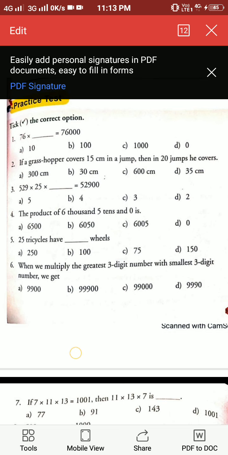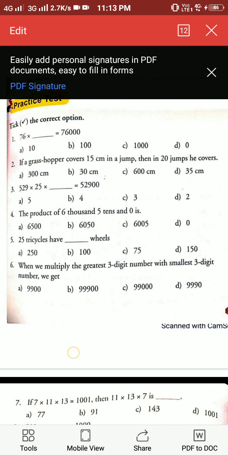But students, keep in your mind, those students who have done all the exercises of unit 5 in a very good manner can do this practice exercise within 5 minutes. But those students who have not practiced will not be able to give any answer.